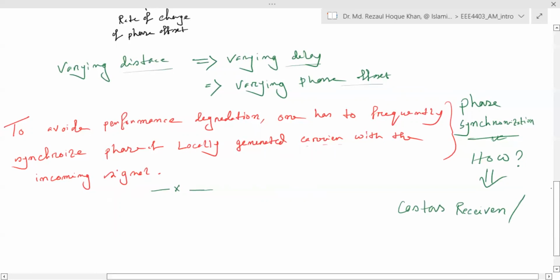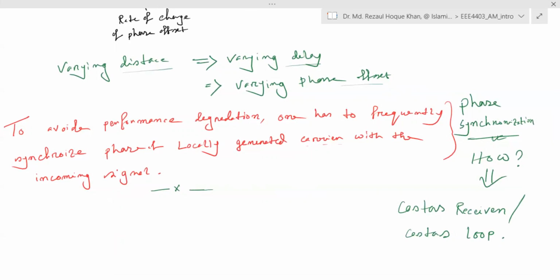Or this is also called a Costas loop. We'll also discuss this receiver in this lecture.